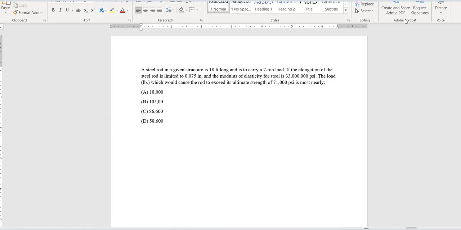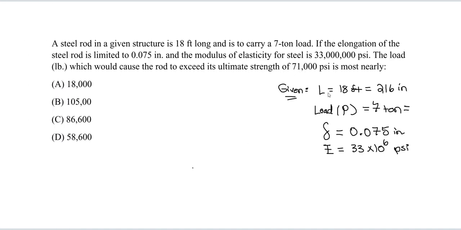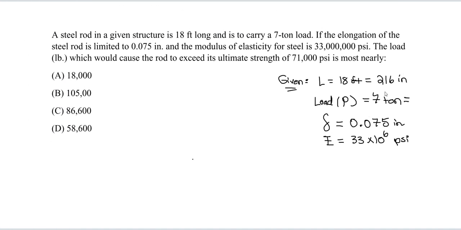So I just take the 7 times 2,000 and it's going to be 14,000 pounds. So we have that.